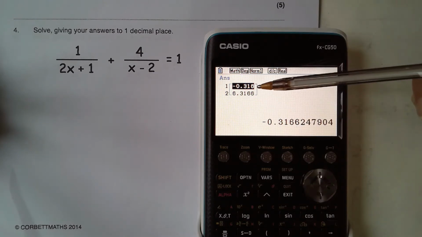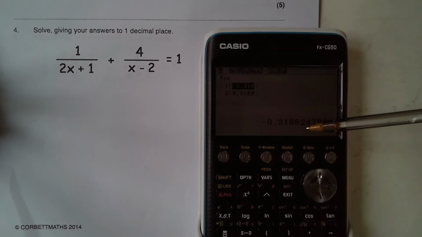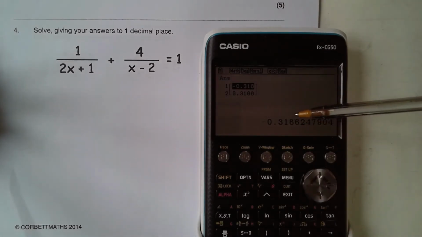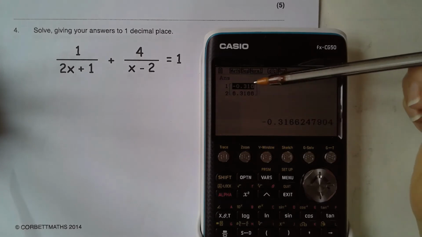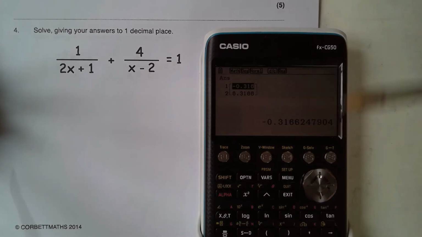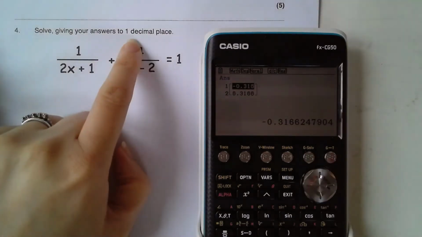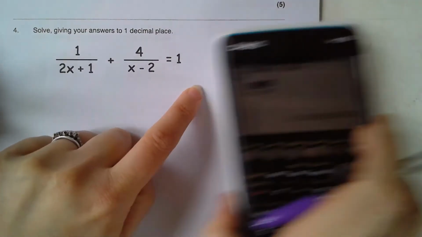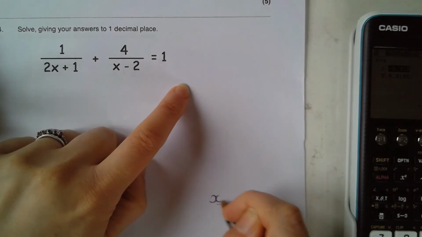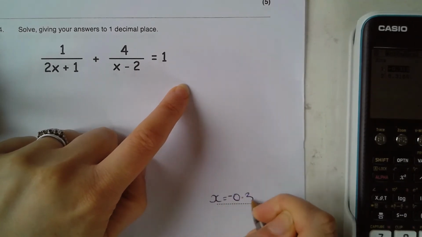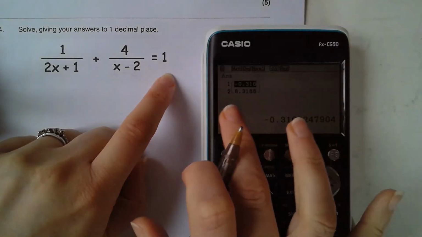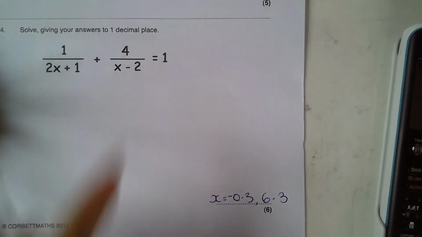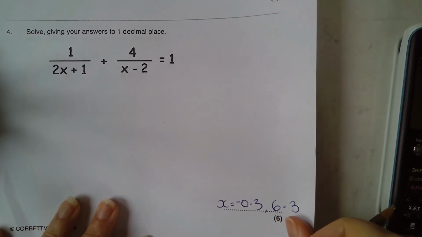So there it's -0.316. Here it's -0.3166. So you would actually round that if it was to 3 decimal places differently than if you were to truncate it. In this situation, it wants the answers to 1 decimal place. So here x is -0.3, or x is 6.3. There we go. So that's solving to 1 decimal place.